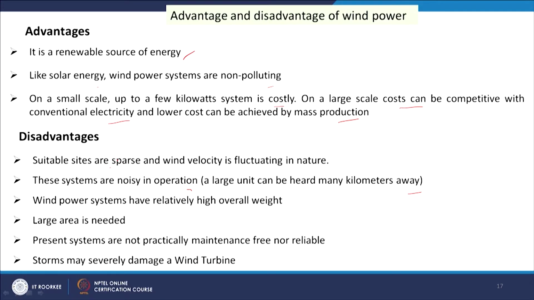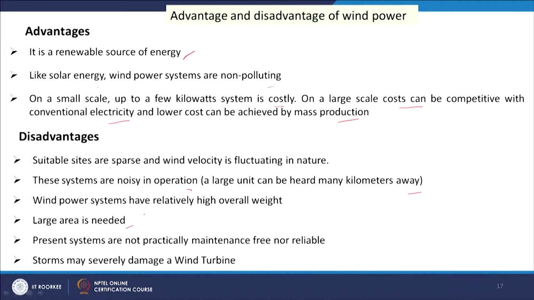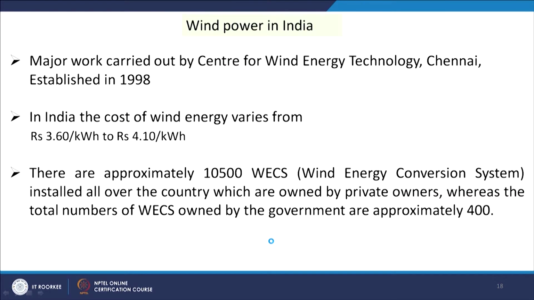So, wind speed has to be available, then only these machines can be applicable for that area. And then wind power systems have relatively high overall weight, obviously the weight is high, and a large area is needed. The present systems are not practically maintenance free or reliable, and storms may extremely damage the wind turbine. So, we have to take some action for this.